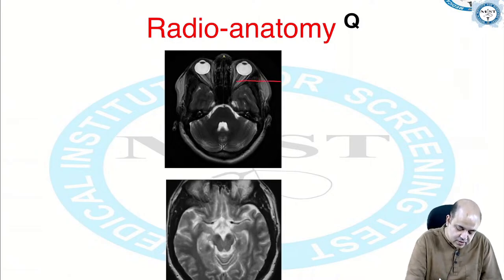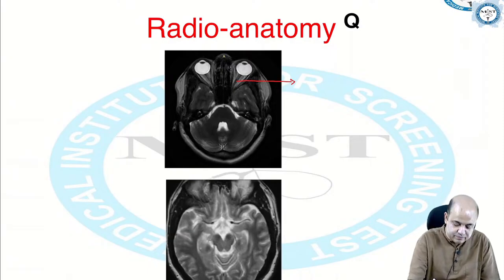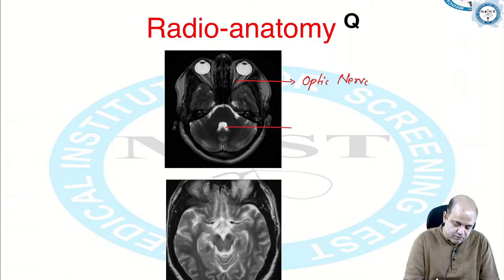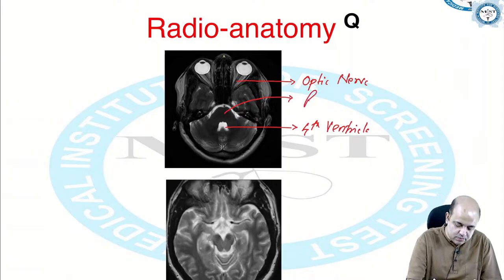Then we also need to identify a few of these structures. What is this? This is the optic nerve. This is the fourth ventricle. And just anterior to the fourth ventricle, what do we have? We have the part of the brainstem, that is the pons.